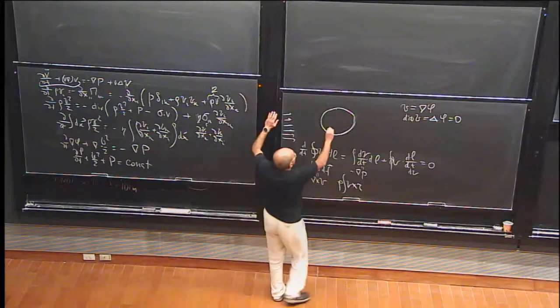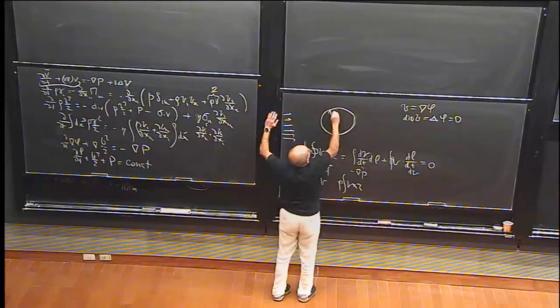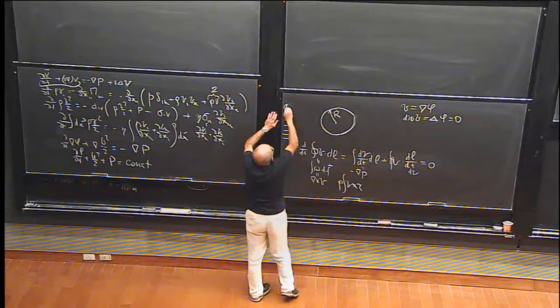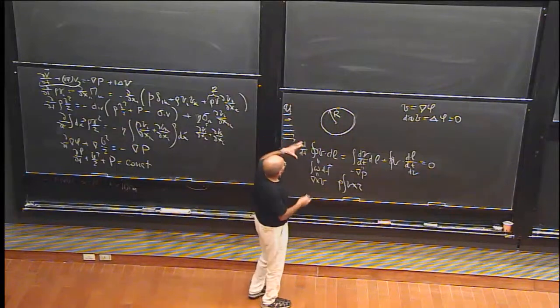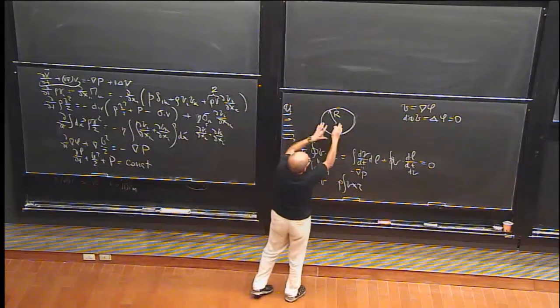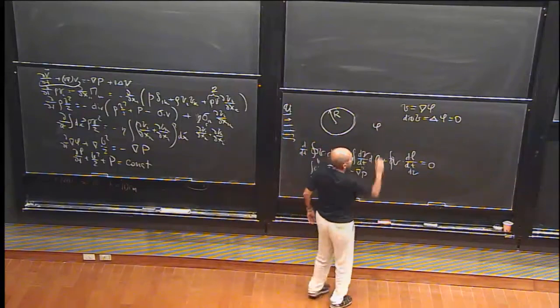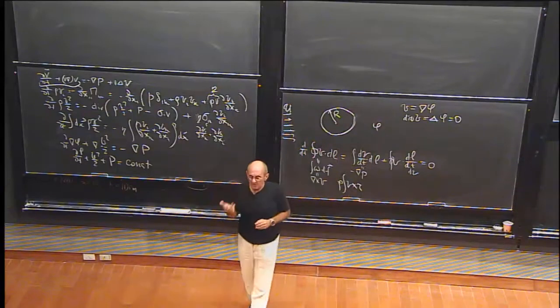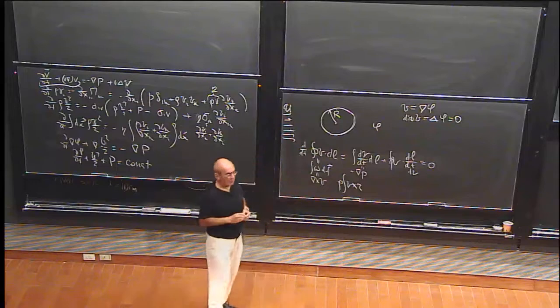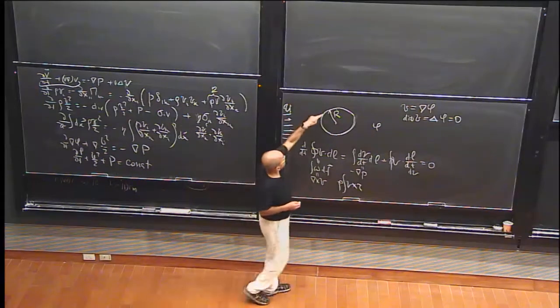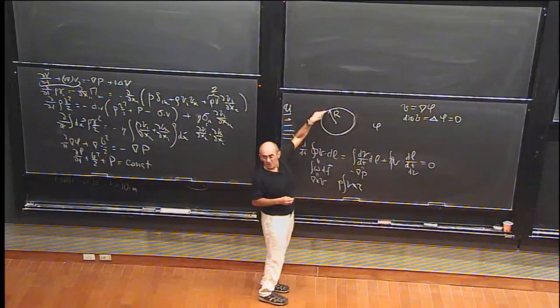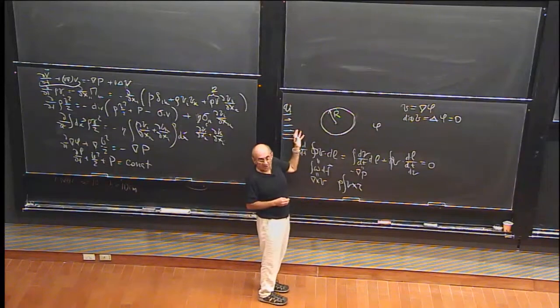I have a sphere with a radius r. This is u. Or if I'm in the reference frame of the fluid, I would have my sphere moving with the velocity u. So what is phi? It must satisfy the Laplace equation, equal to 0. And another condition is that on the surface of the sphere in this reference frame, the normal velocity will be 0 everywhere.